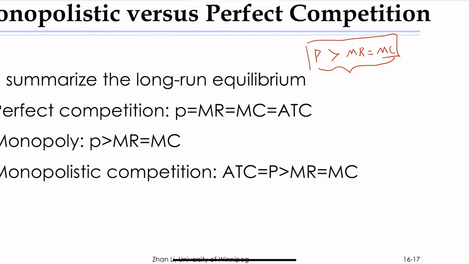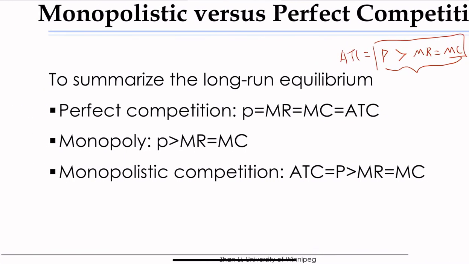So this result will still hold. And then we learned in the long run, the monopolistically competitive firm will have the same profit as the perfect competitive firm, that is 0. This implies P equals ATC. So we can have this here. That's how you get all these 3 results.